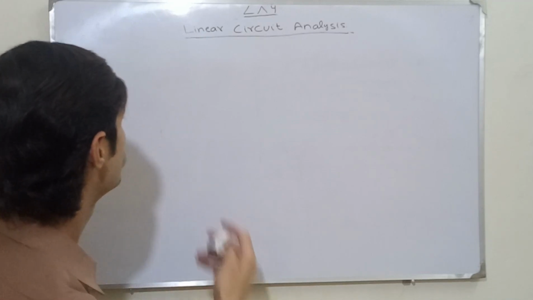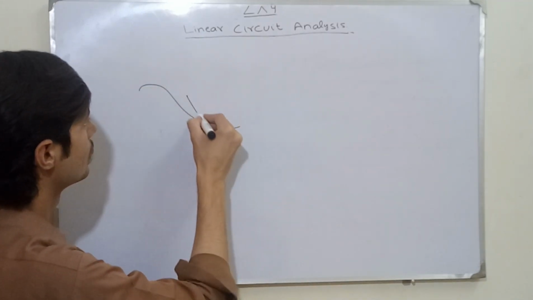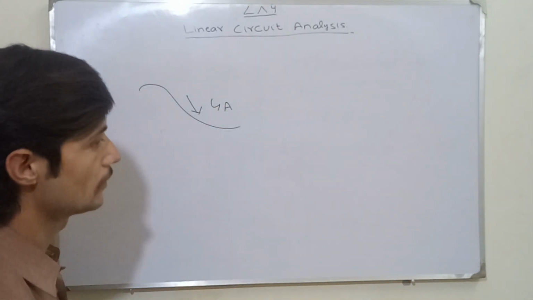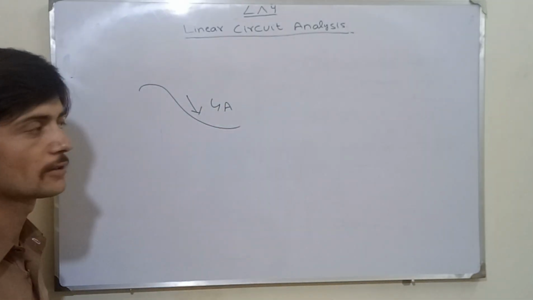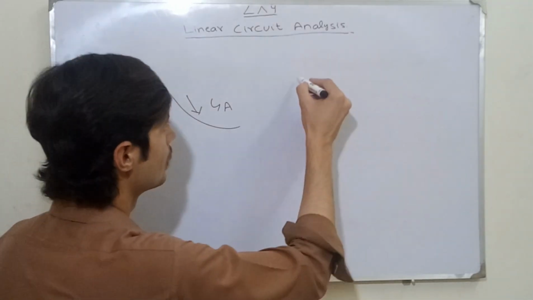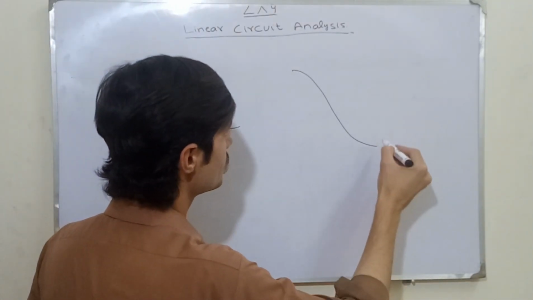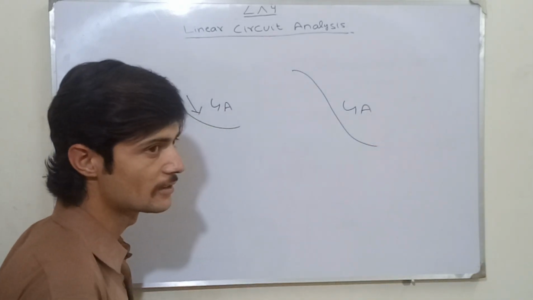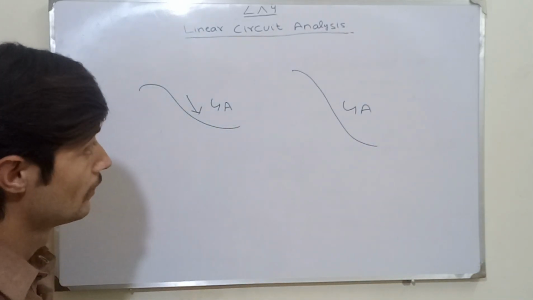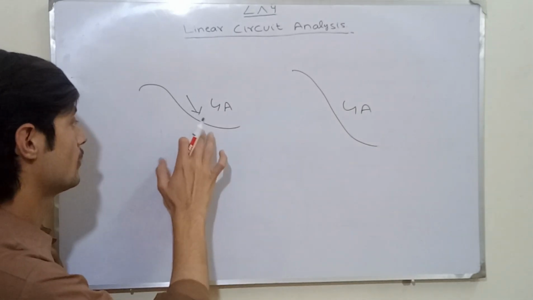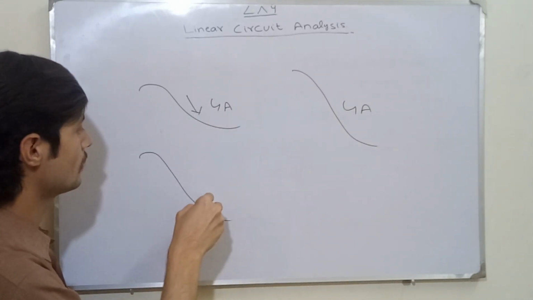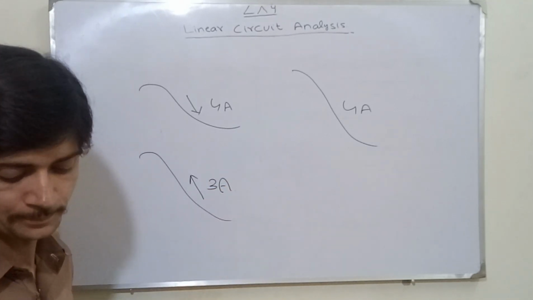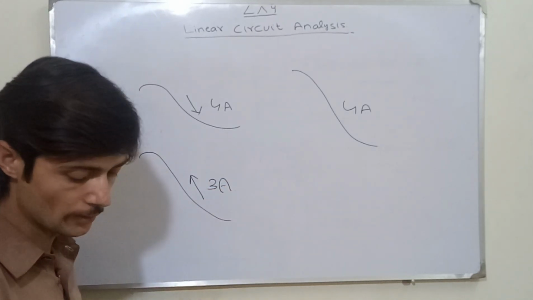For example, this is a valid representation, and this one is an invalid representation. So direction is necessary in each case for DC current.